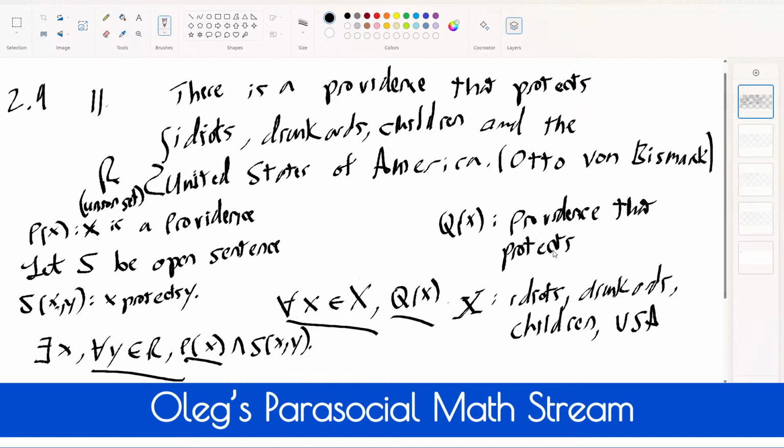I think it could still work, but in this case, they specify what it protects. So I could have put in another Q and R, for instance, R of X, and it would define S of X and Y. I can do R of X and Y and unify that way.